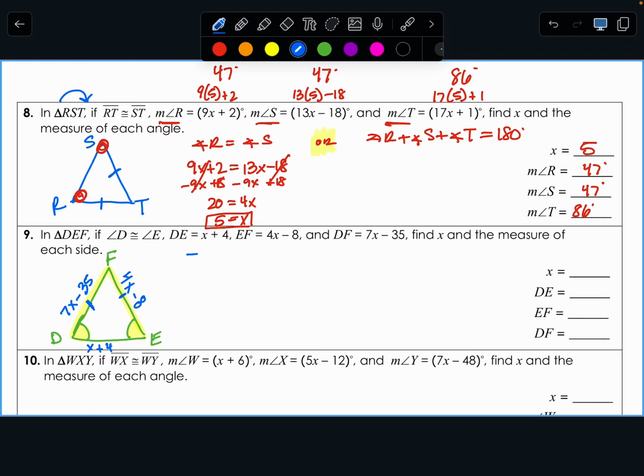So then I can say 7x minus 35 equals 4x minus 8. So I'm going to subtract 4x from both sides and add 35 to both sides. So I get 3x equals 27. X is 9.